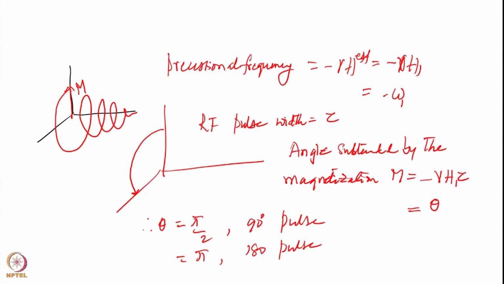Now the magnetization has come onto the transverse plane. As a result of this, the magnetization which was here initially has now moved over to this place, right. So this was the initial magnetization and this is M, and now it has moved over to this place. What will happen after this?